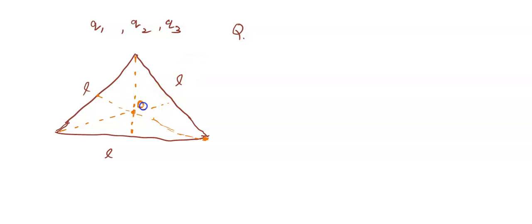So this is point O, which is actually the centroid, and you know that this will be L by 2, L by 2, L by 2, L by 2, and these points are A, B and C.